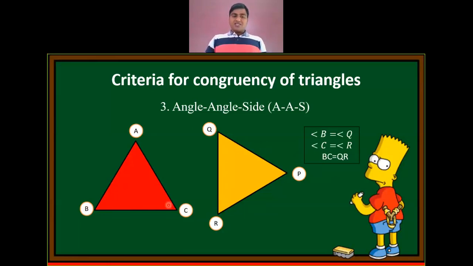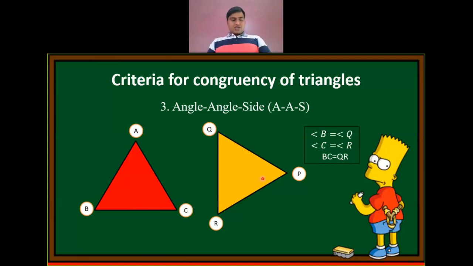So automatically angle C equals angle R. So here two corresponding angles and any one side, not necessarily the included side, are given. Then we can say that two triangles are congruent to each other.